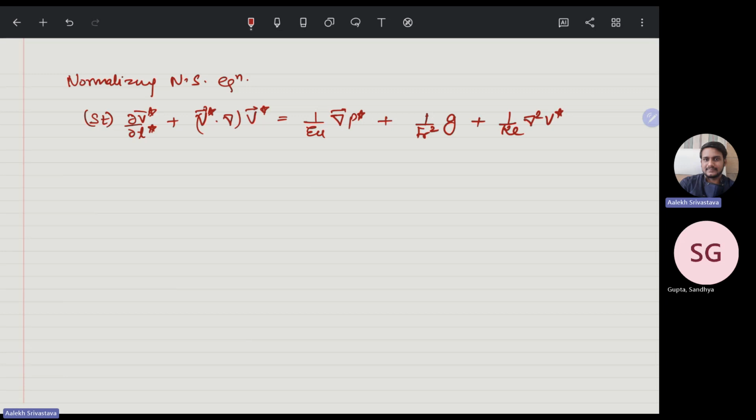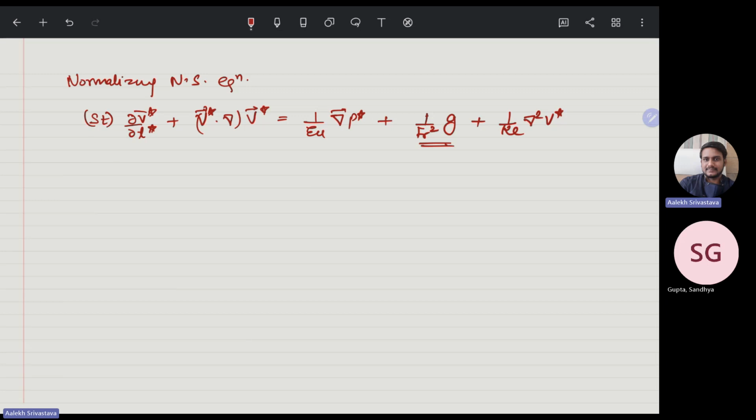You can see that all these terms have coefficients. Whether a term is there or not depends on the problem.